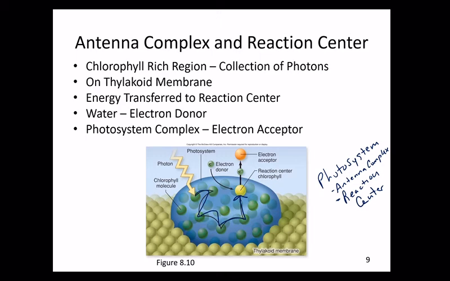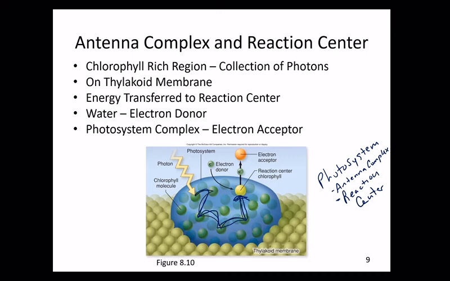So the energy that's transferred here through the antenna complex is not moved as electrons. It's simply the transfer of energy between the pigments into the reaction center where we can begin the process of electron transport.